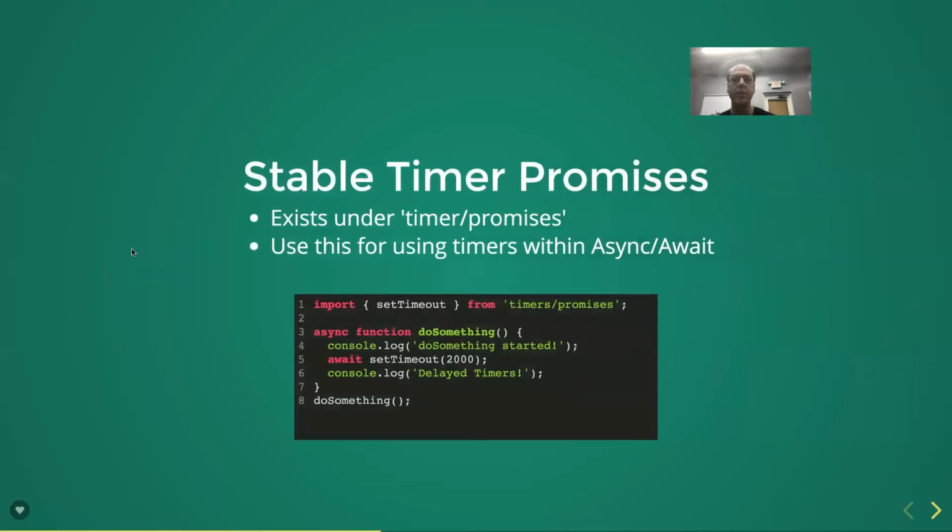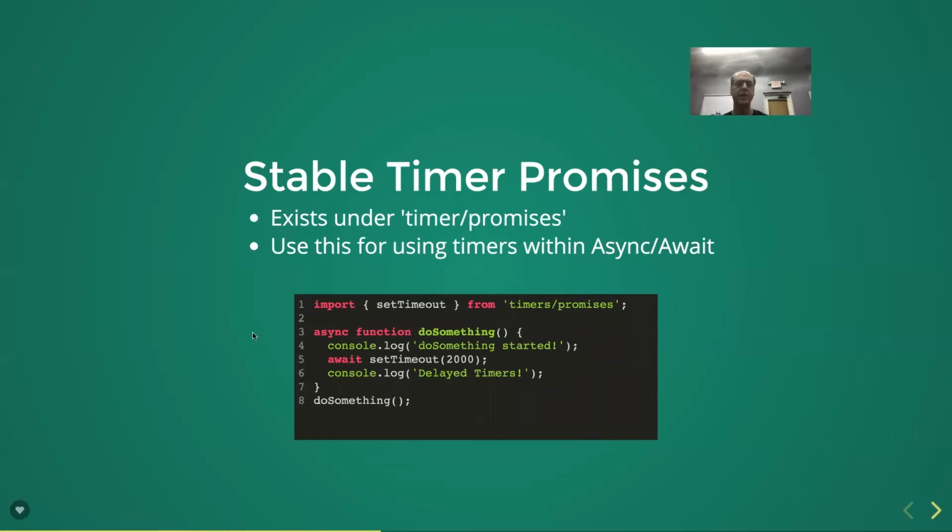This is an example of the stable timer promises. If you want to use that, basically you have to import from timers/promises. If you look at this function right here, essentially what this does is it lets you handle a timeout using async and await logic.